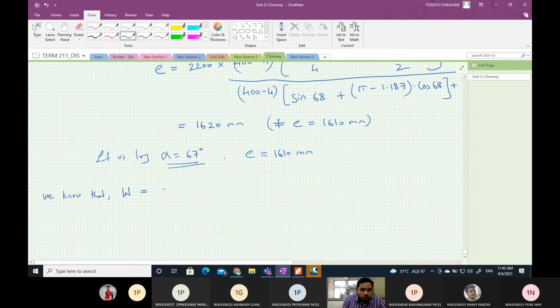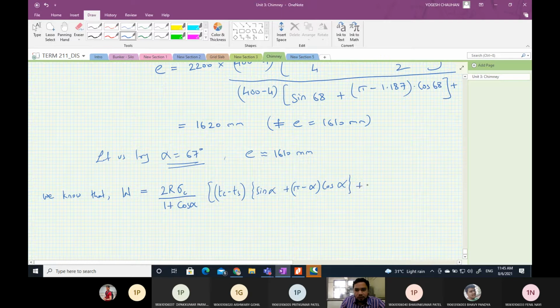Now, W is equal to 2R sigma C divided by (1 plus cos alpha) whole multiplied by [(Tc minus Ts) sin alpha plus (pi minus alpha) cos alpha plus m times Ts cos alpha].